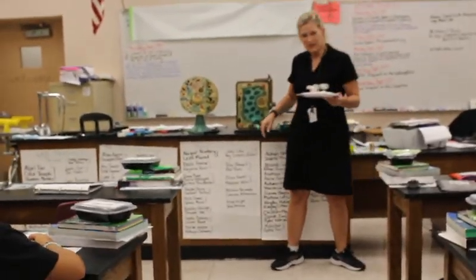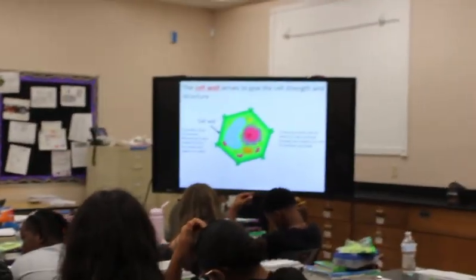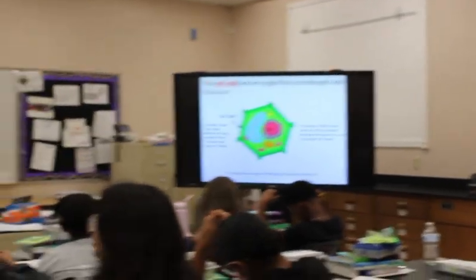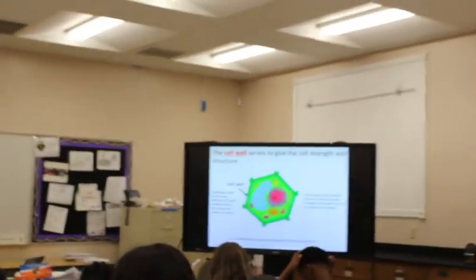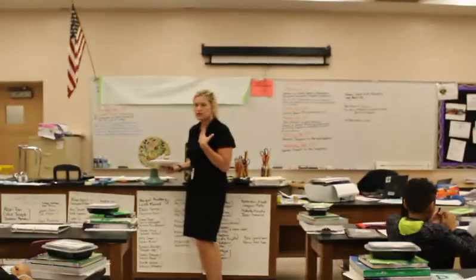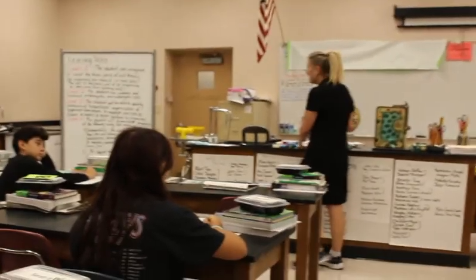Okay. So the cell wall is going to make structure and support. Now, an animal cell wouldn't need the cell wall because what do you have as a human being for structure and support? Our bones. Yes.